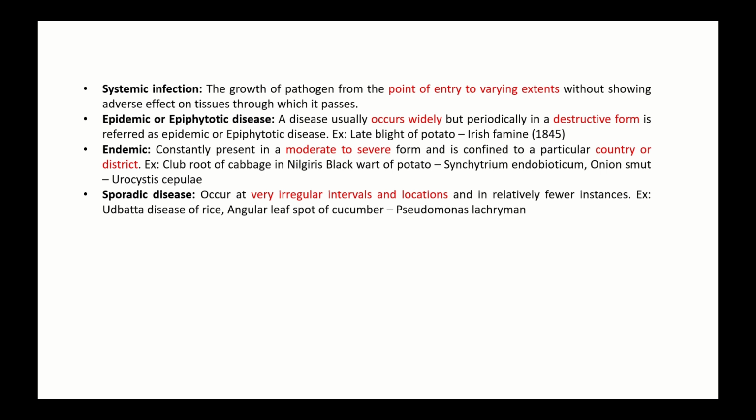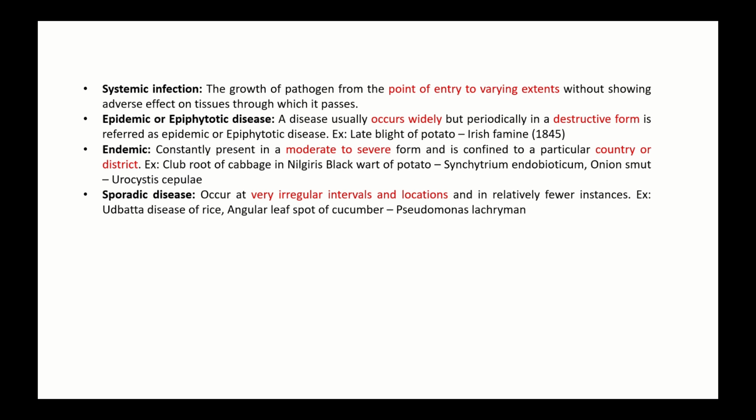What do you mean by epidemic? A disease which occurs widely but periodically in a destructive form, like late blight of potato in Ireland in 1845. What do you mean by endemic?